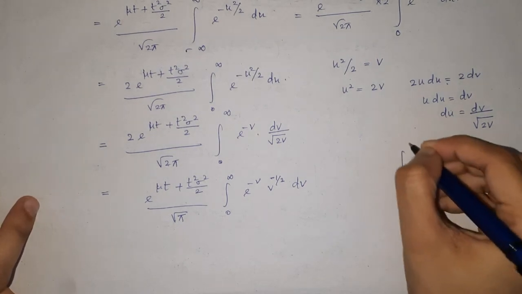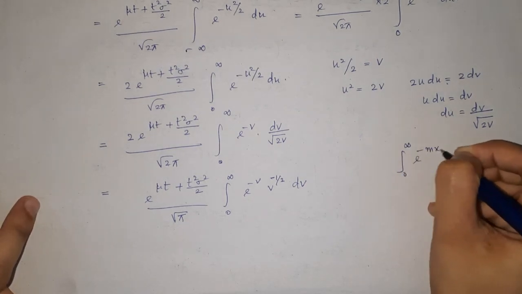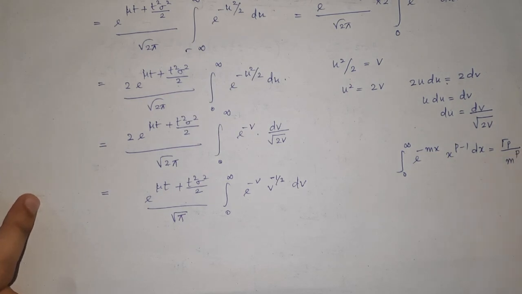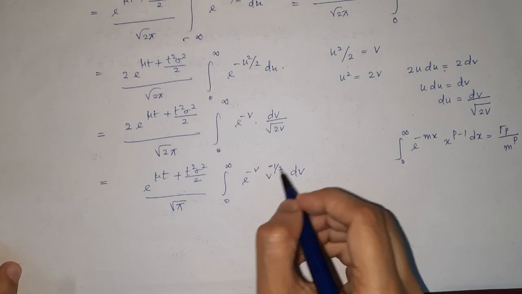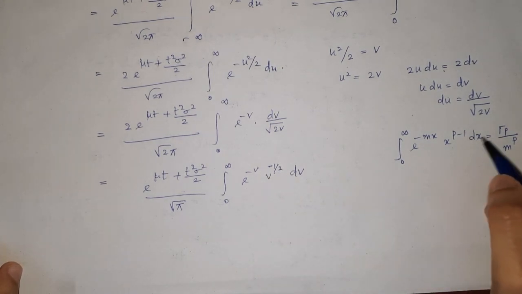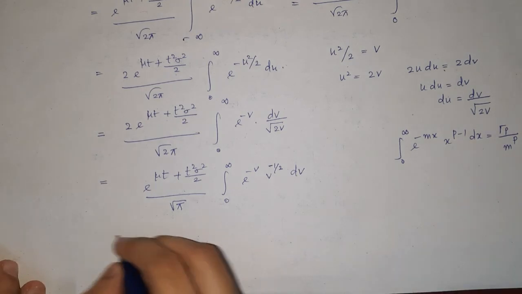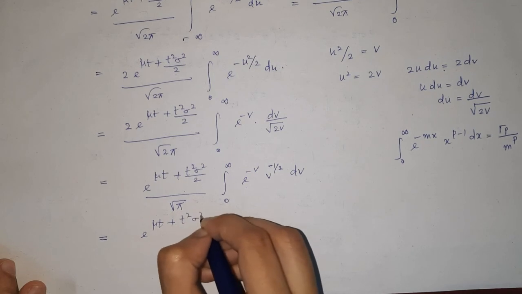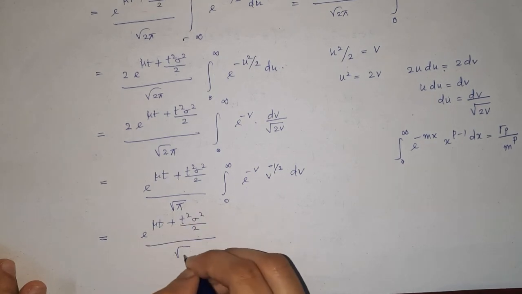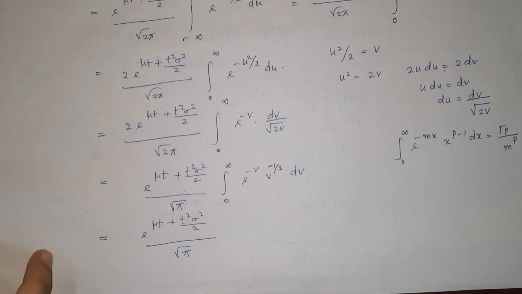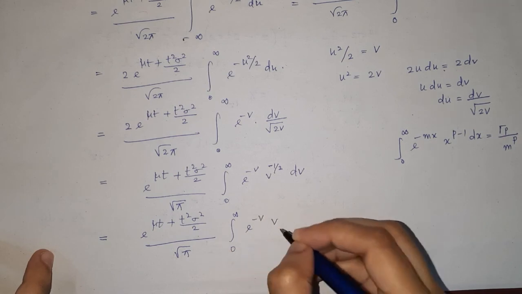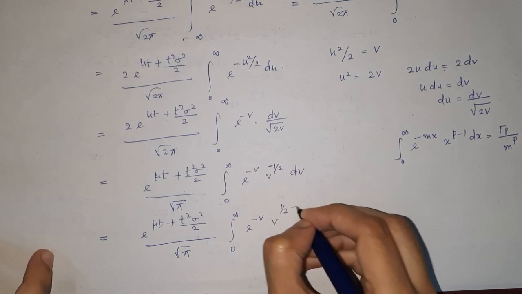We know integral 0 to infinity e raised to minus mx, x raised to p minus 1 dx is equal to gamma p divided by m raised to p. So here we can write it in this form of p minus 1. So this is equal to e raised to mu t plus t square sigma square divided by 2, divided by root pi, integral 0 to infinity e raised to minus v into v raised to 1 by 2 minus 1 dv.